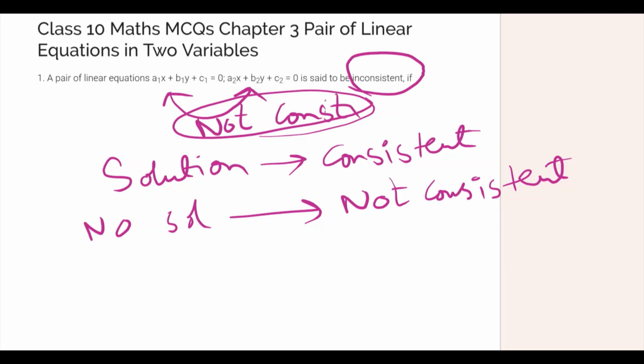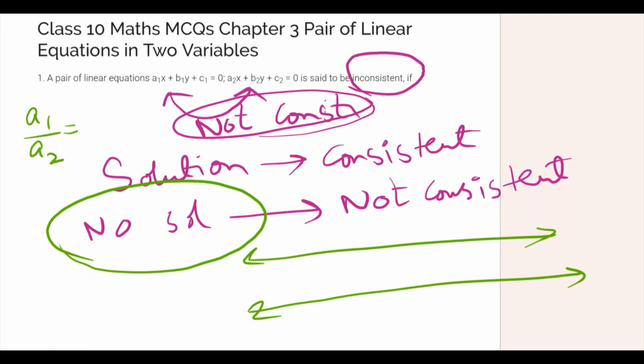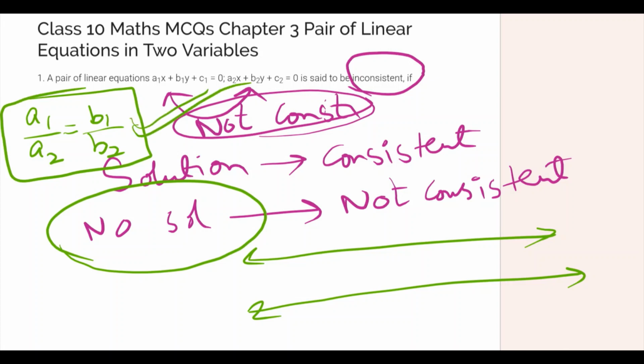In linear equations, when do we get this condition of no solution? Only when the lines are parallel to each other. So for this condition, a1 by a2 should be equal to b1 by b2. This is the condition. That's our solution.